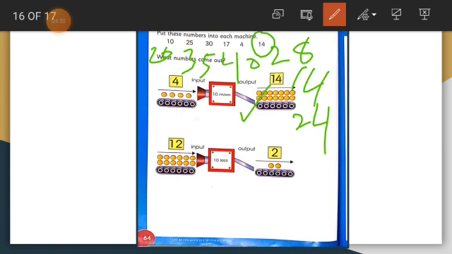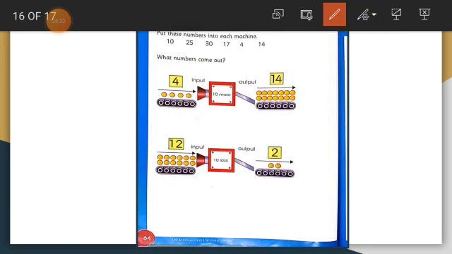Is this clear? Now erase my rough work. Move to the next part. Now we will subtract 10 from each number one by one. When we subtract 10 from 10, the answer is 0. When we subtract 10 from 25, 15 will come. When we subtract 10 from 30, 20 will come. And when we subtract 10 from 17, what is the answer? 7.